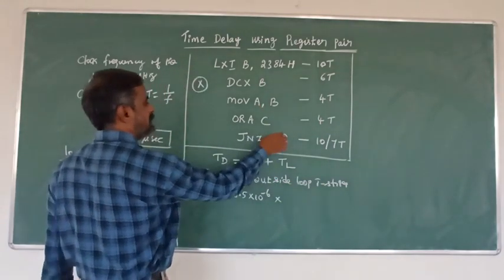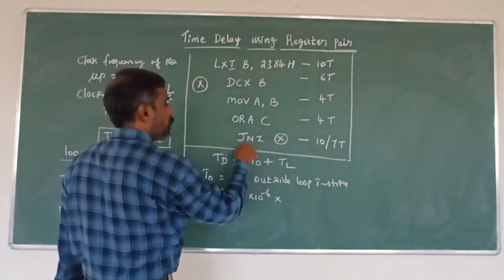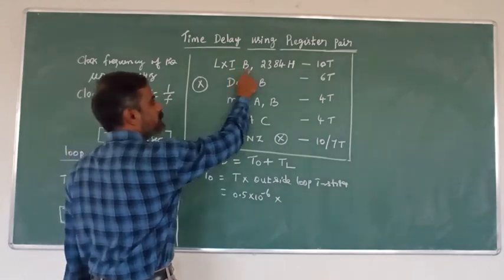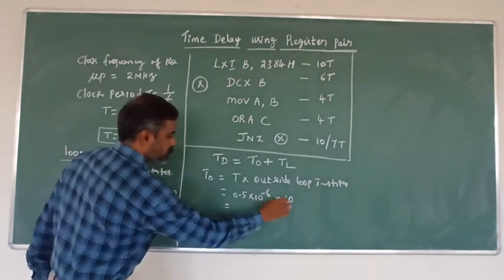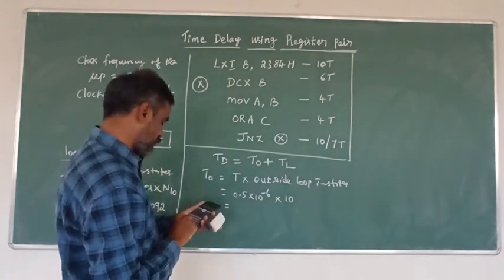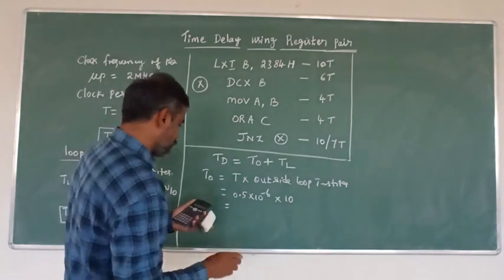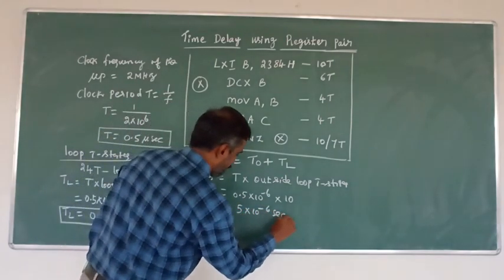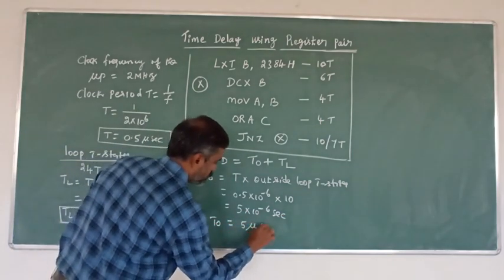Outside means, the loop is DCX to JNZ. Outside means only LXI B. It requires 10 T states. Now multiply 0.5 into 10 to the power of minus 6 into 10. We get 5 into 10 to the power of minus 6 second. That is, TO equals 5 microseconds.